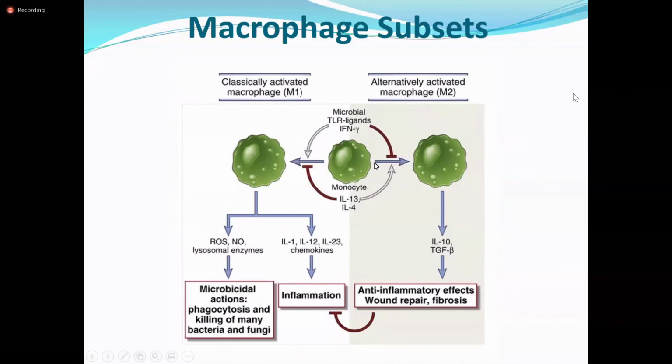When the macrophage is exposed to these cytokines, instead of these lysosomal enzymes and these inflammatory enzymes, it produces IL-10 and TGF-beta, which themselves are essentially anti-inflammatory and, particularly in the case of TGF-beta, promote wound healing. So this particular subset of macrophages is more involved with homeostasis.